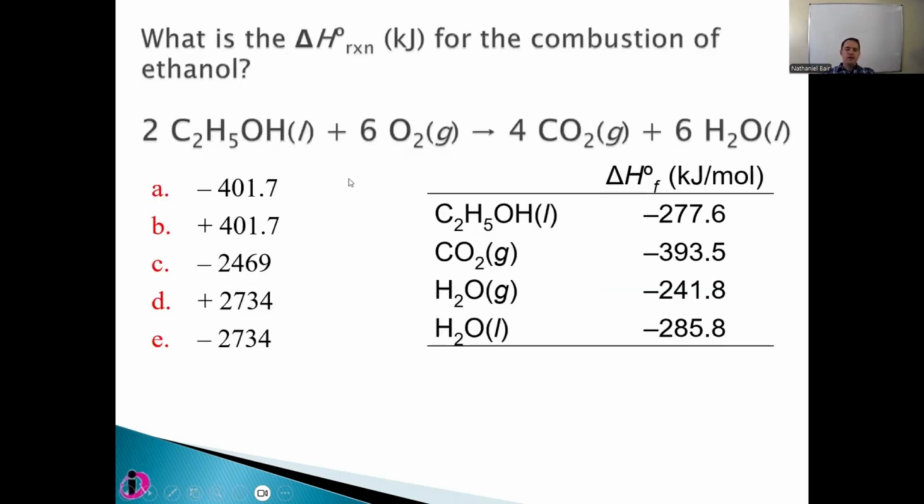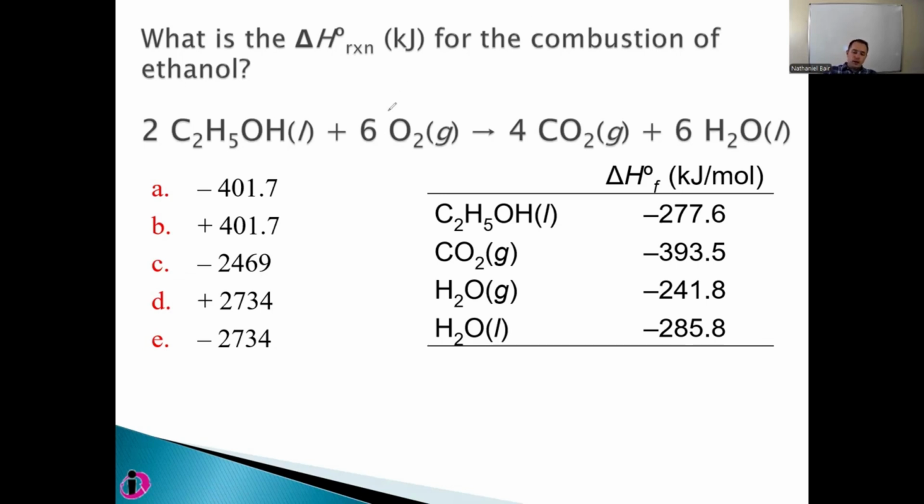Okay, let's try and find the change in enthalpy for this reaction right here. The first thing that I want to mention to you is that these change in enthalpy of formation values tell you how much energy is either absorbed or released in the chemical reaction to form that substance from the pure elements.